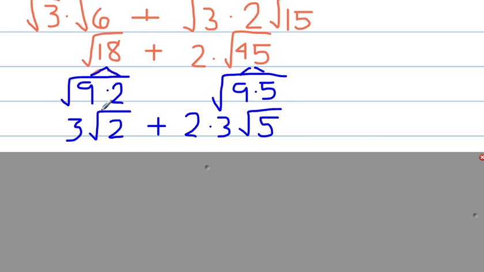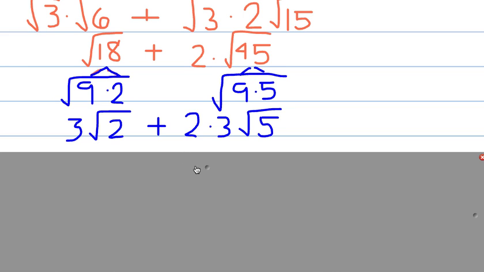So the square root of 18 is going to simplify to 3 times the square root of 2, because our 2 is as simplified as it can get, so that stays underneath, and 5 will remain underneath the radical since the square root of 9 is 3.